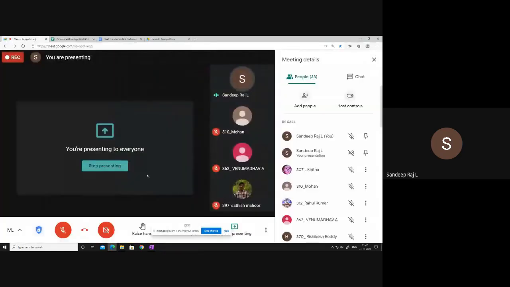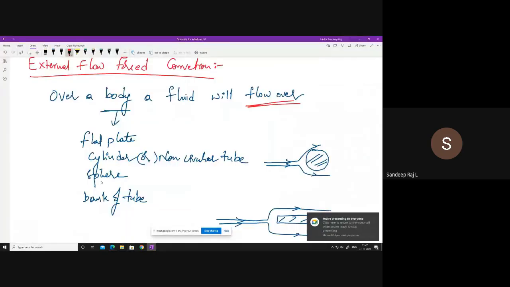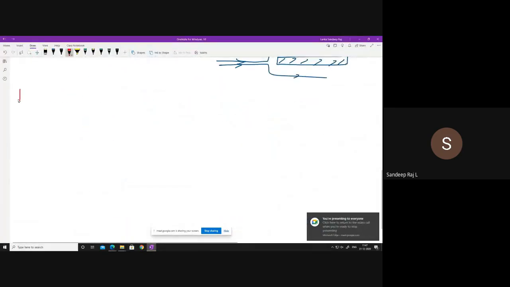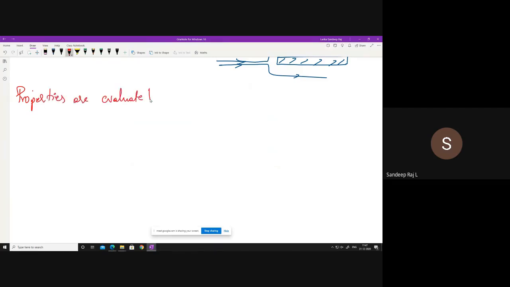This is a very important thing here. Let me write it down for you here. Here the properties are evaluated at film temperature.